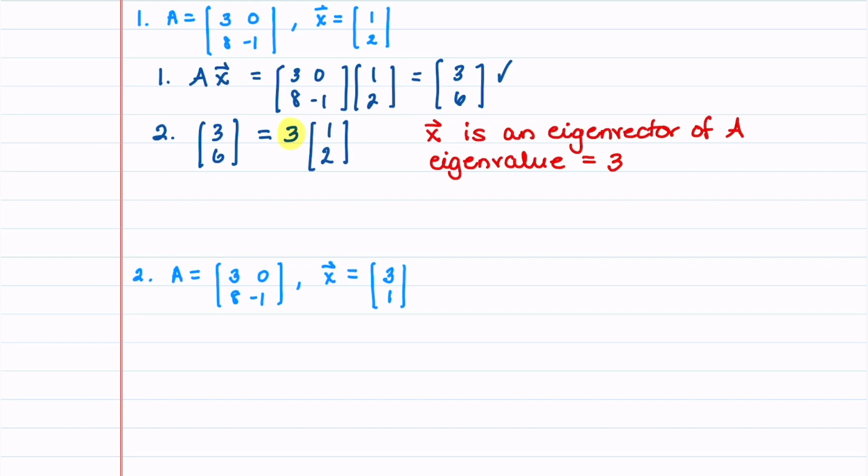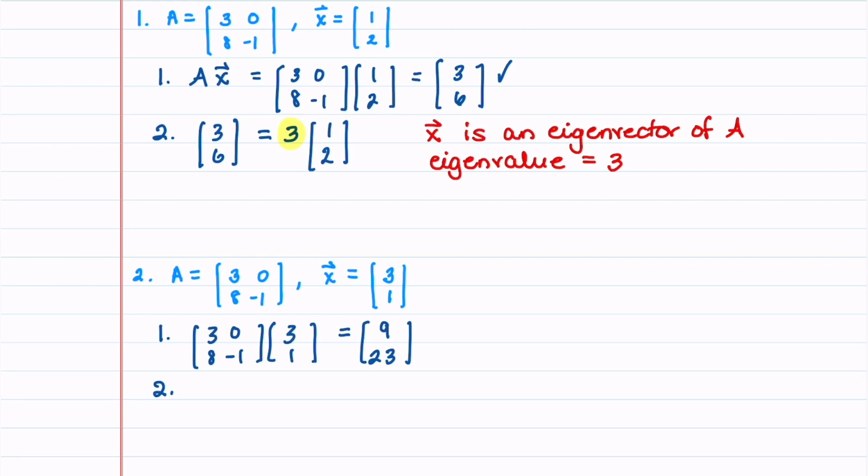Let's now look at our second example. You might want to stop the video and work this example on your own. Just like in our first example, we'll take matrix A and multiply it by our vector x. What we get is the vector [9, 23].